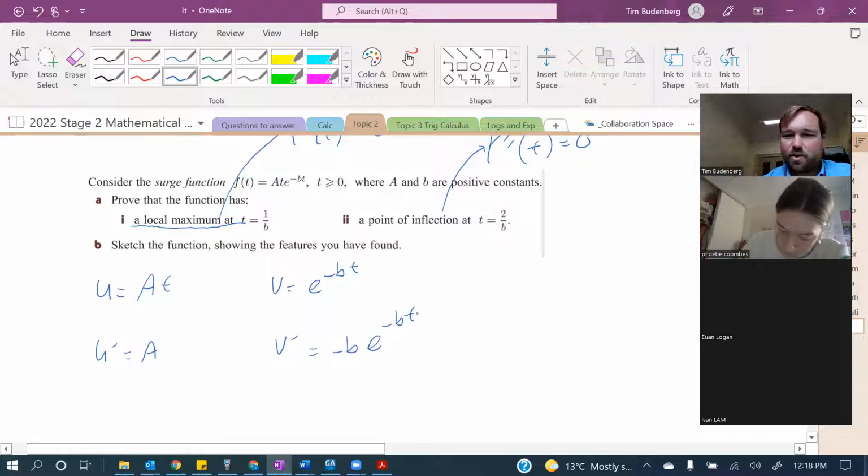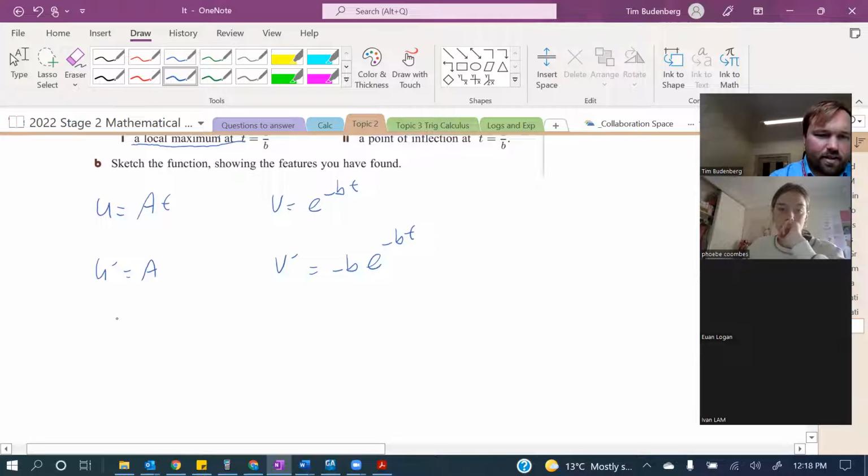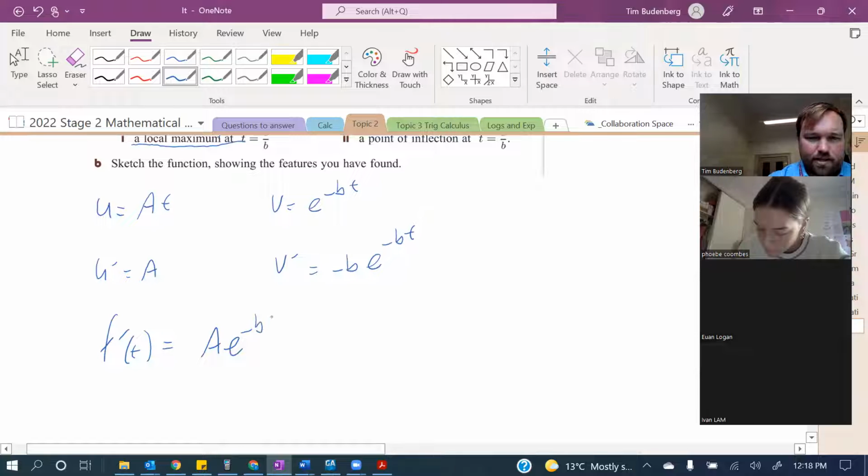And yeah, glorious, we had no numbers at all. Are you happy about v dash, where that minus b came from? Cool. So f dash t is equal to u dash v, a e to the minus b t.